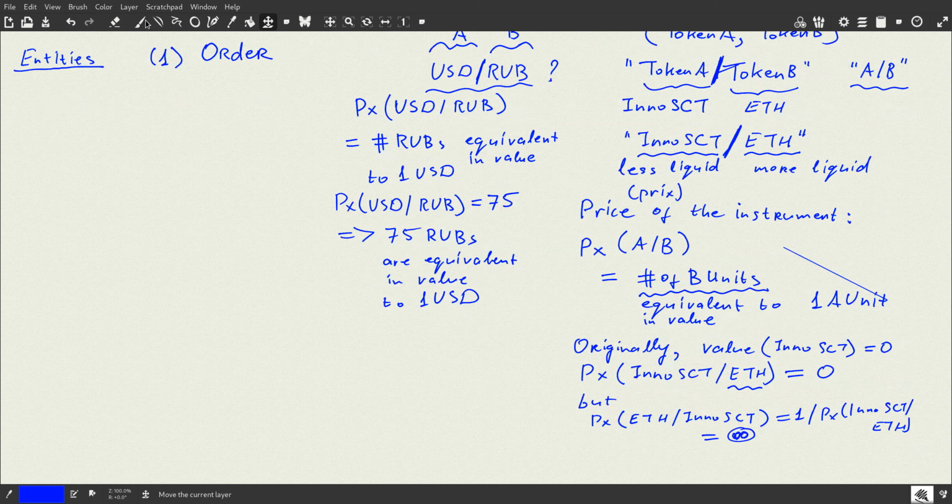What is slightly inconvenient in this case, in the future, we expect the price of InnoSCT to Ethereum being positive, so not 0, but small.